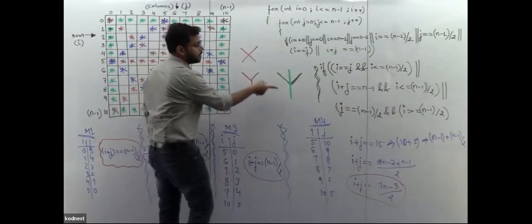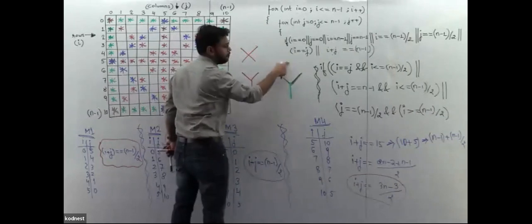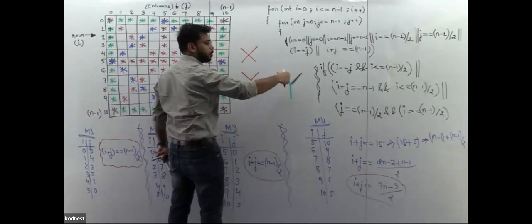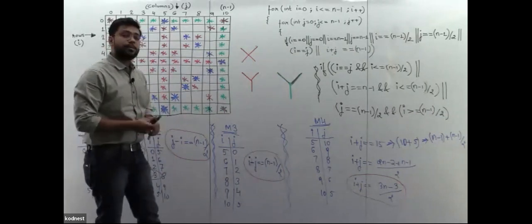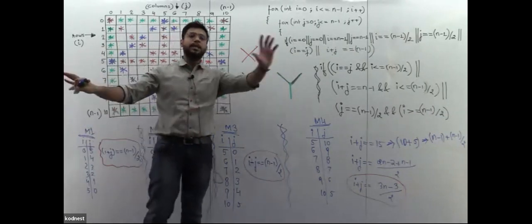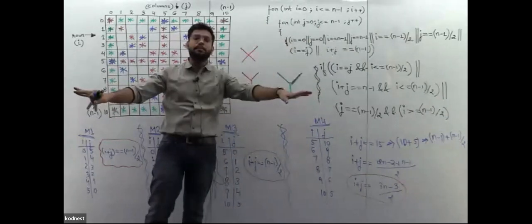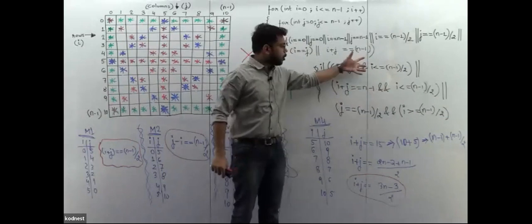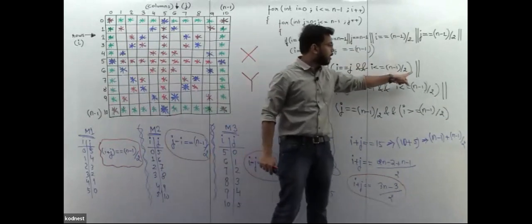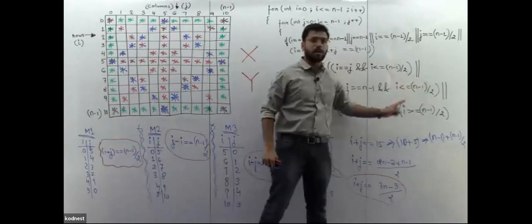So what will you get? This side you will remove. And finally, you have got the Y also. So it is very simple. Whenever you have two separate conditions and you want to execute them both, you have to separate them using OR.